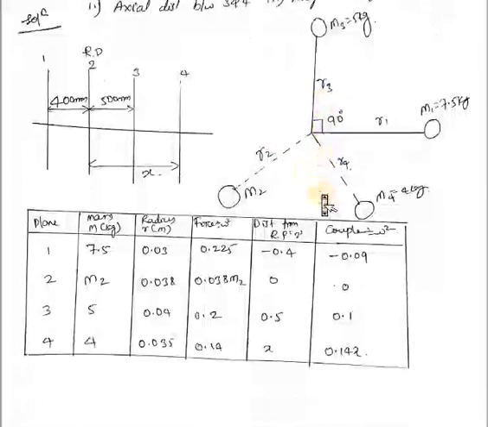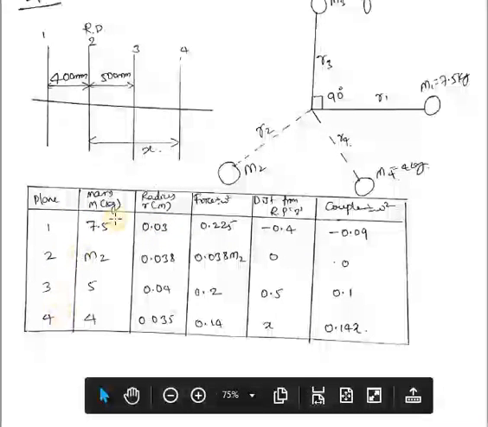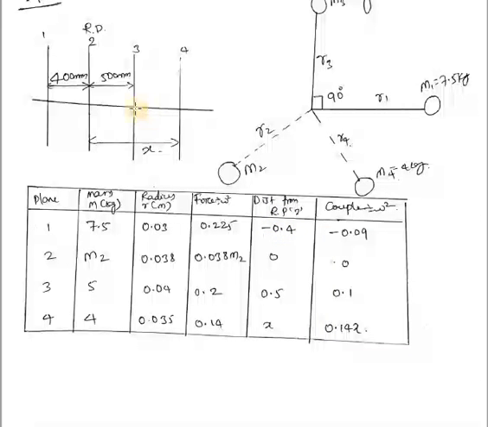After that you need to construct the tabular column. First is plane 1, 2, 3, 4. Then masses 7.5, M2 is unknown, 5 and 4. Radius of rotation he has given for all 4 masses. Force, you need to calculate M into R. Distance from reference plane: since M2 is unknown, I will take this second plane as the reference plane.